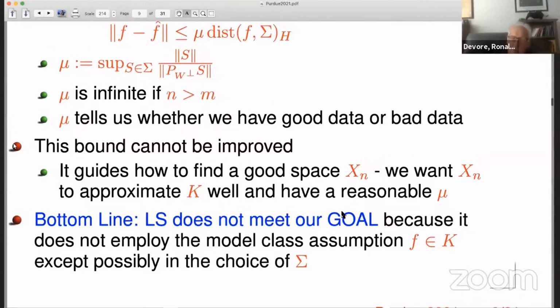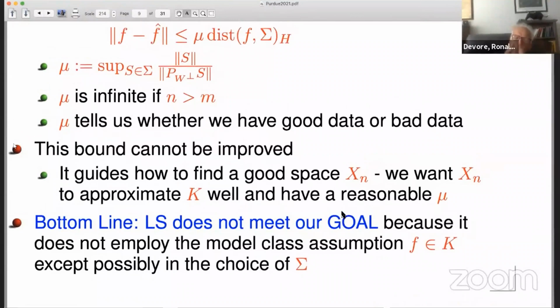The answer is no. And the reason is that although you may have used this model class K in the beginning to choose your space sigma or your manifold sigma, you may say, oh, well, I'll choose a sigma that approximates the elements in K very well.